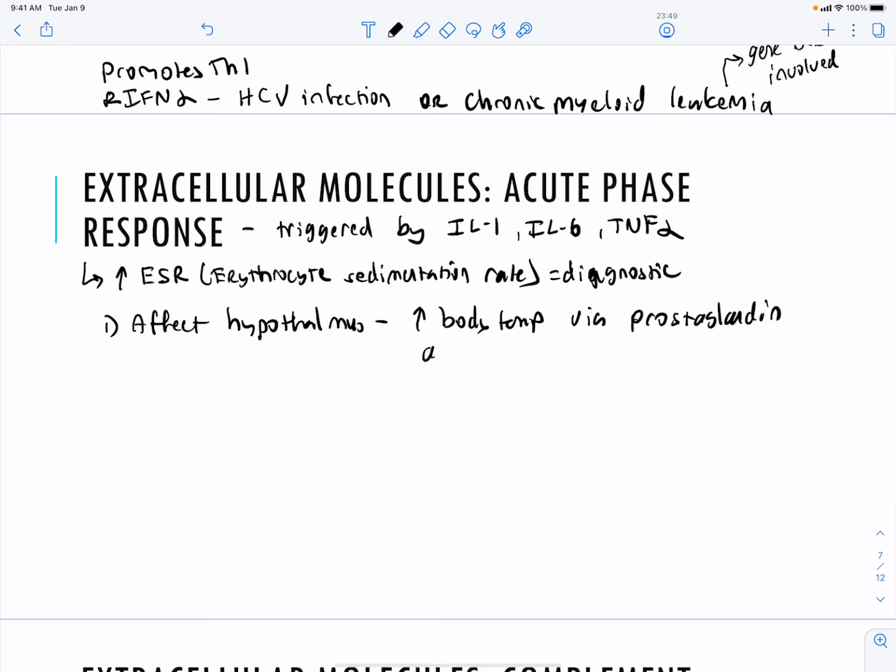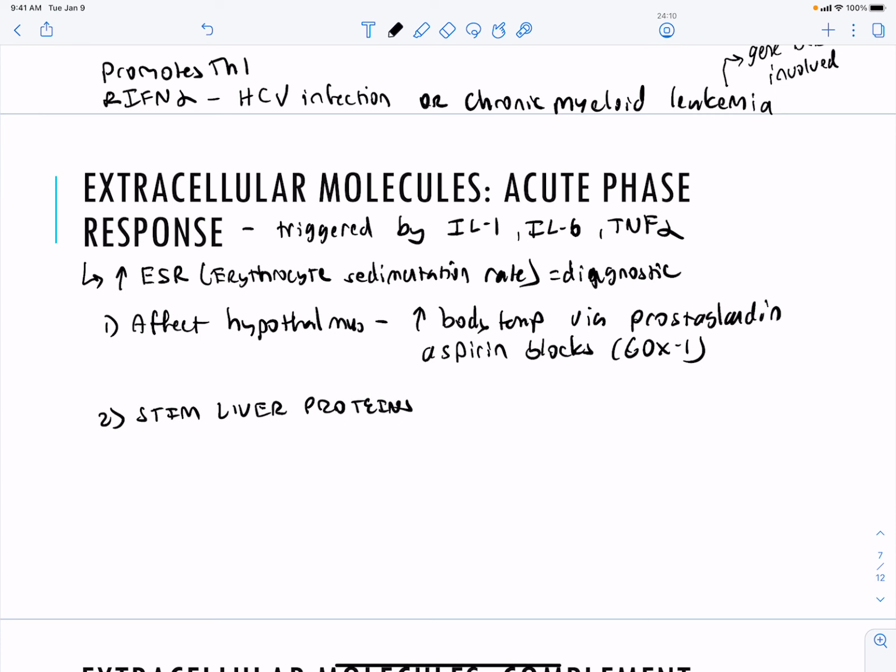And so aspirin, of course, blocks this. It's also going to stimulate the production of many liver proteins. And so we're going to get complement made. Even though complement is constitutive, it's going to increase the complement components.